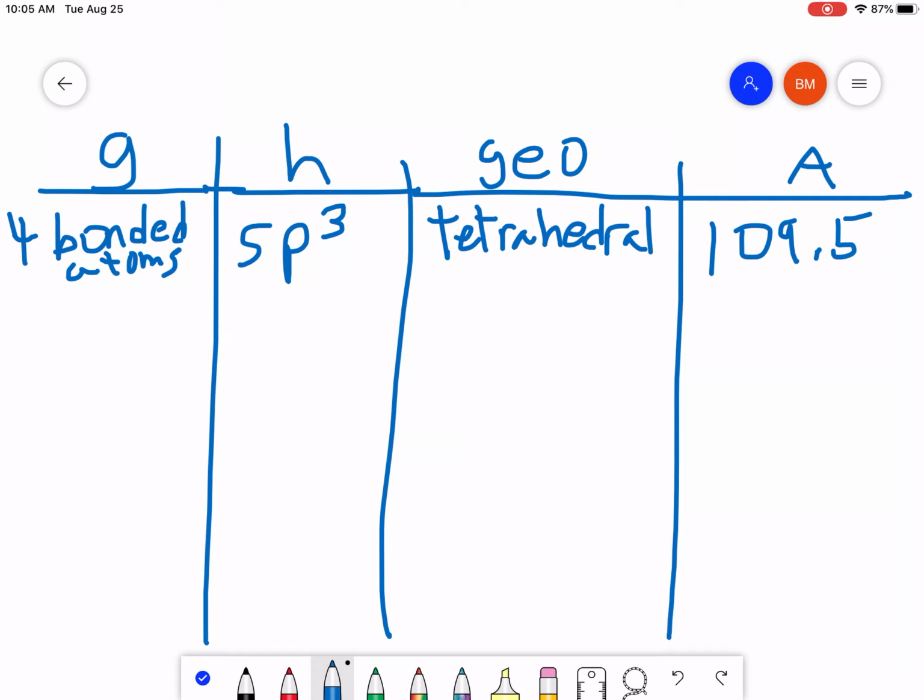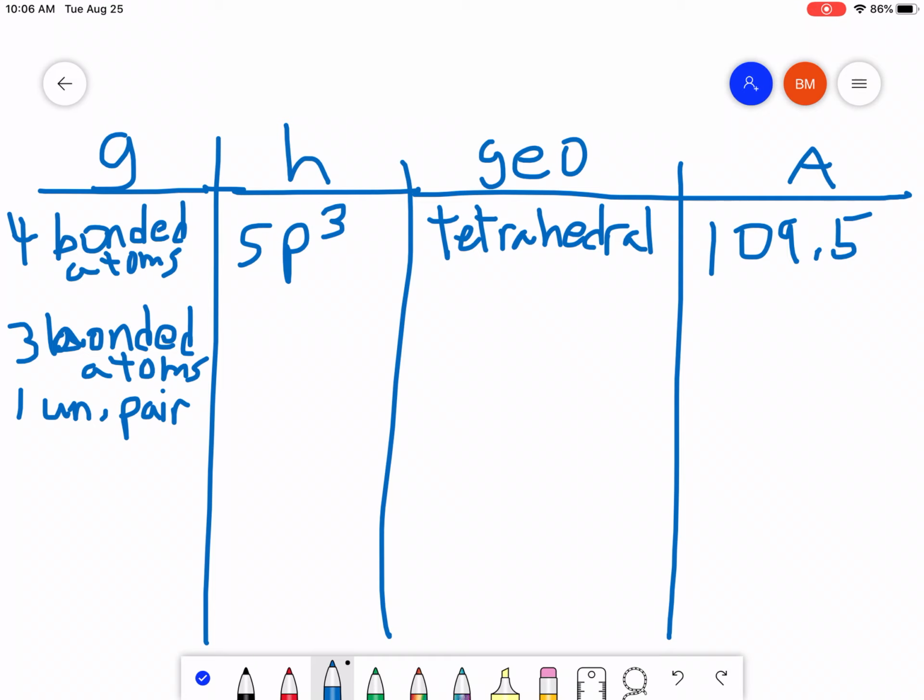Now, let's say we have 3 bonded atoms and 1 unshared electron pair. This is like the nitrogen in NH3. We saw it made 3 bonds to hydrogen and then had 1 unshared pair.